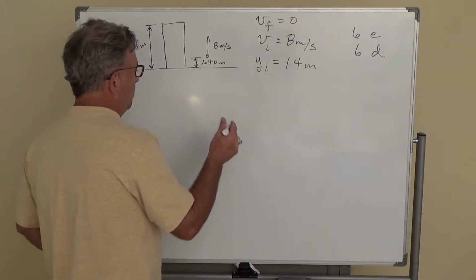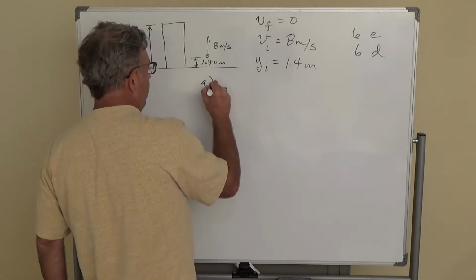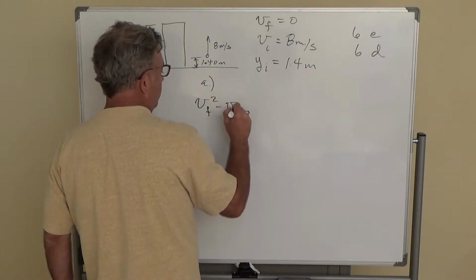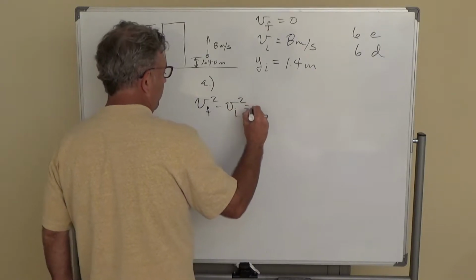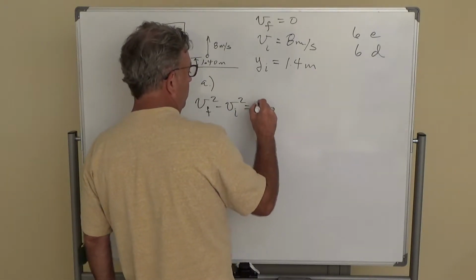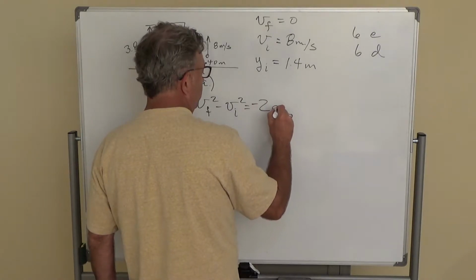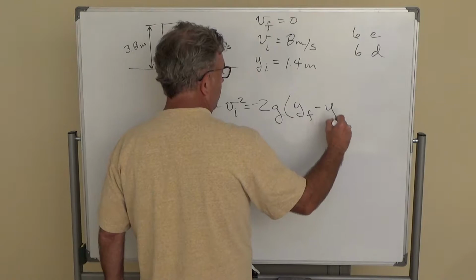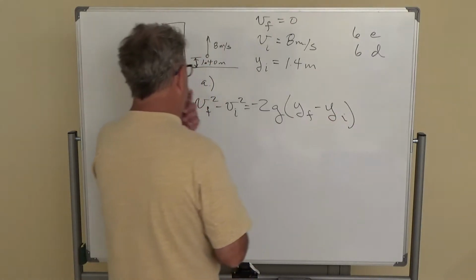So for part A you can use V final squared minus V initial squared is equal to minus 2g times Y final minus Y initial.